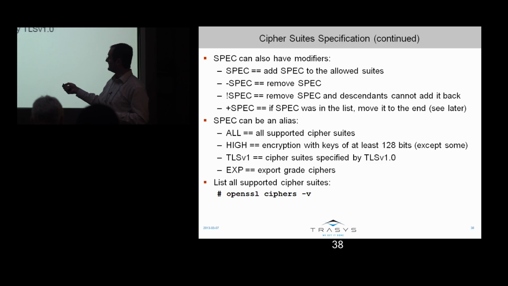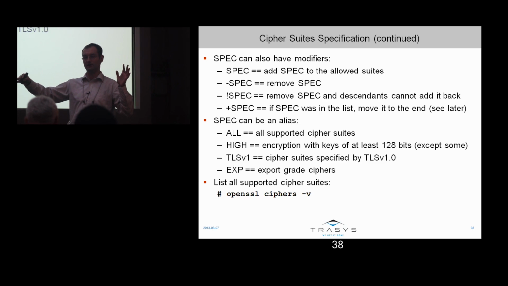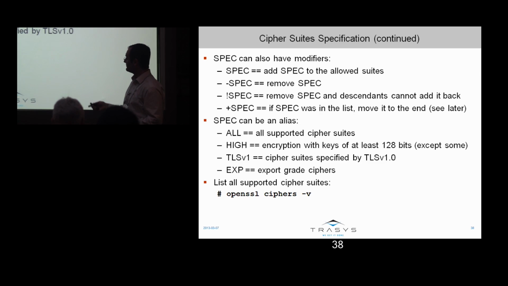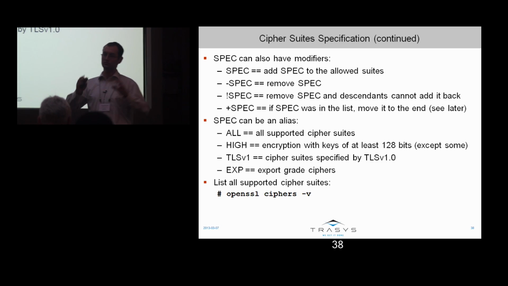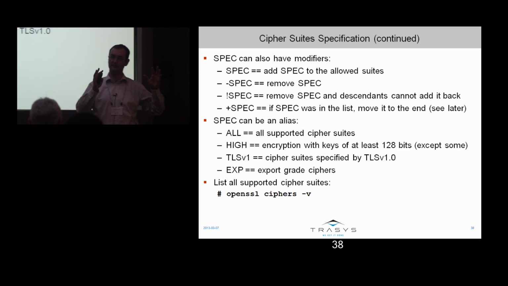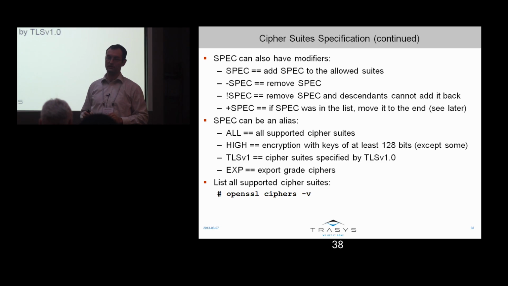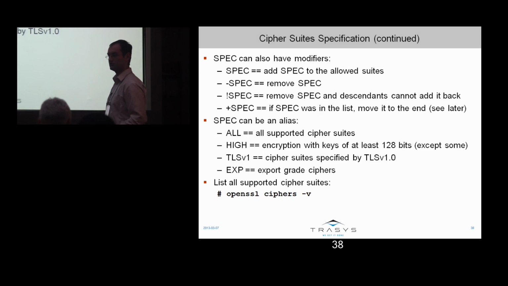If you specify a dash in a cipher suite specification, you remove that cipher from the list of allowed ciphers, but you're still allowing it to be added later, maybe by a more specific context on the website. If you use an exclamation mark, you remove it and you don't allow it to be added back. And if you do a plus spec, then you move that cipher specification from wherever it was to where you put this one. So in essence, it allows you to reorder the ciphers as you go deeper into more specific sections.